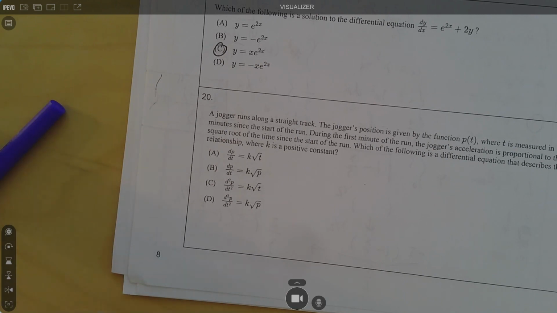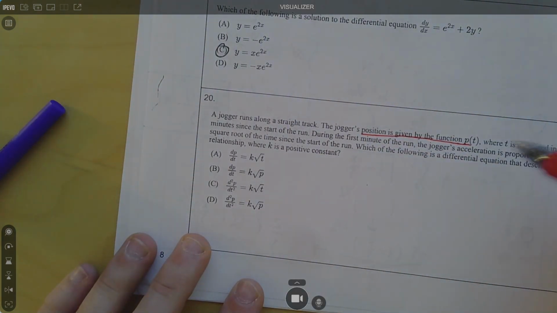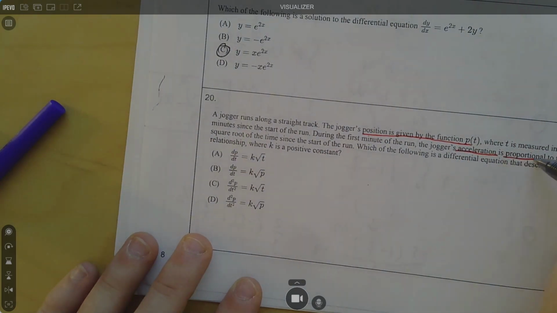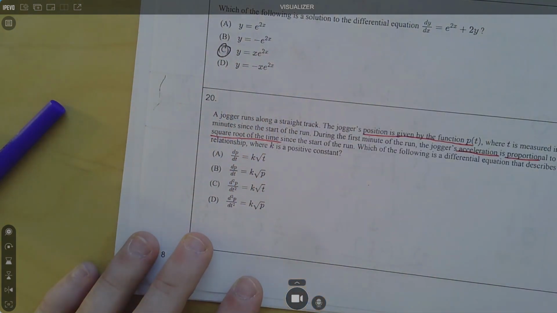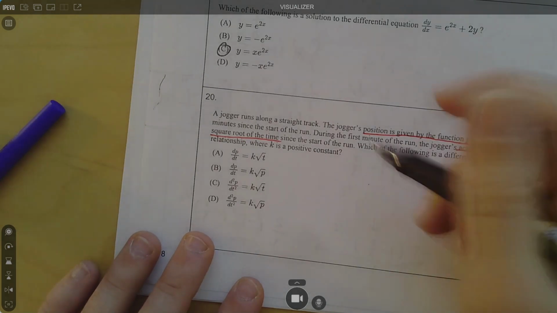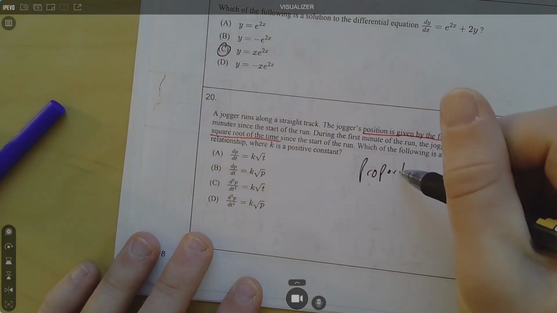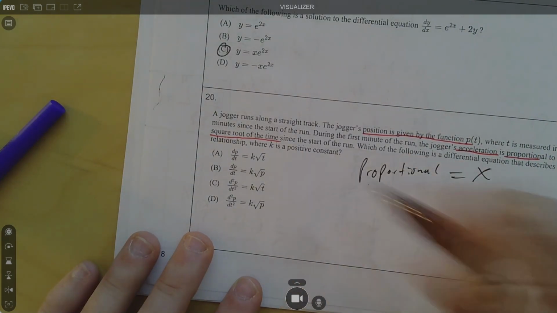Okay, so key parts of this question. P of t is position. That's important. Acceleration is really important. And the word proportional is really important, to the square root of time. So proportional means multiply. Which one is the square root of time?